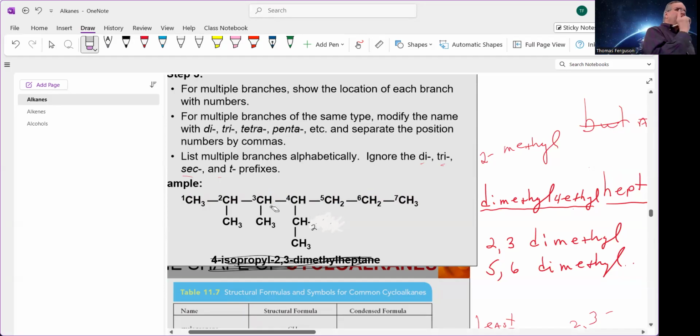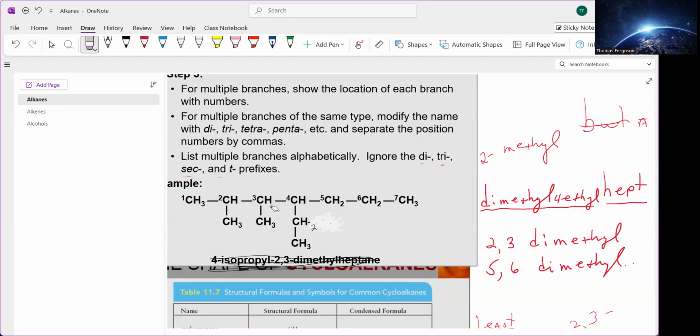Now, the reason why I'm focusing on naming is so that you focus on the structure. So if you named it correctly, but not as correct as it could be, you still are focusing on the structure. So you met my needs, but I can't give you full credit because you didn't name it right. I'm giving you partial credit. The name of this class is no multiple choice questions, because I can't give you partial credit. If it's a fill-in, I can give you partial credit. So I only give fill-in tests.